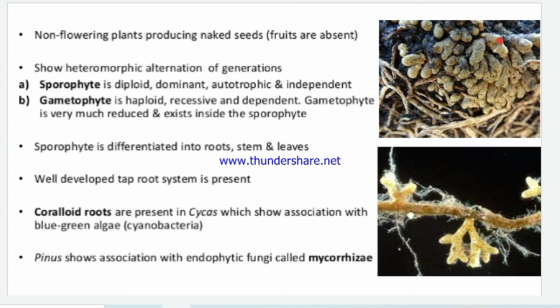See, here in the picture, these are the coralloid roots of the cycas. They form nodule-like structures which harbor millions of cyanobacteria. And Pinus shows association with endophytic fungi, which is a symbiotic association known as mycorrhiza.